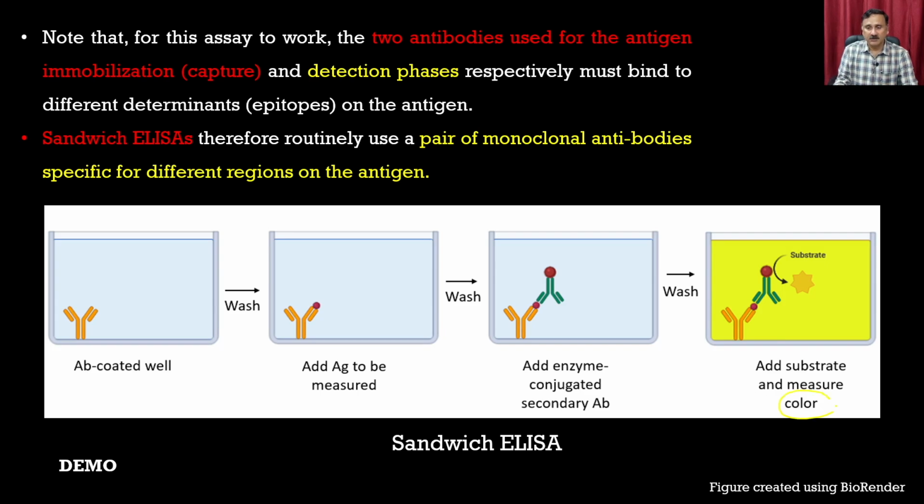The amount of color is a direct reflection of the amount of antigen present in that particular reaction. Now, sandwich ELISA is used to measure cytokines such as TNF alpha, IL-1, IL-8 and other cytokines that are very important in different immunological conditions.